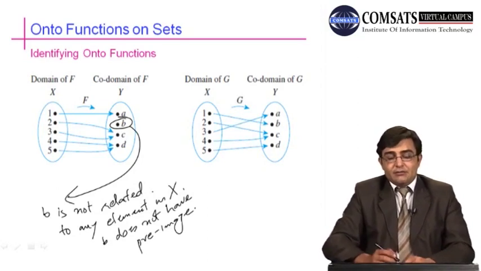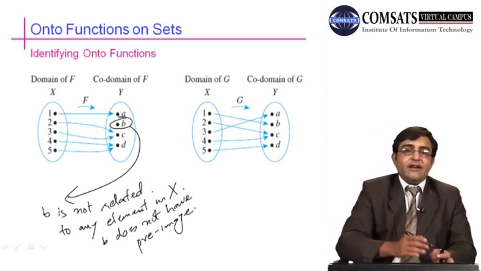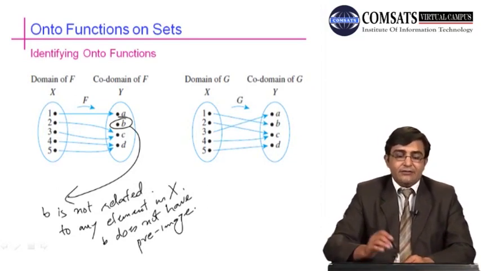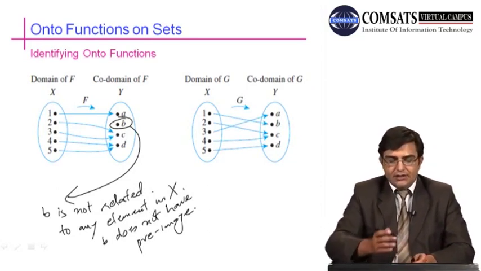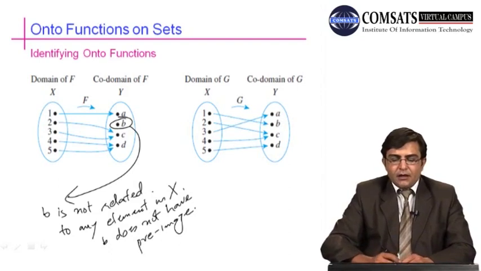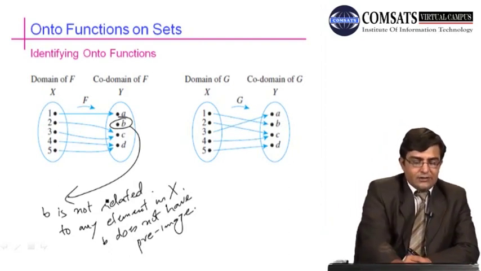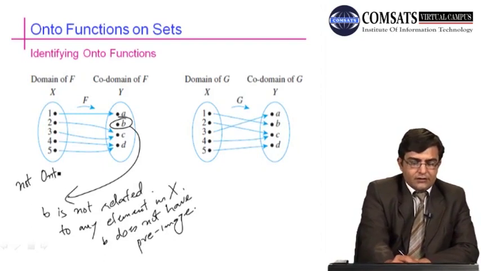There exists some element y in Y for which we cannot find any element x such that f of x is equal to that element B. So therefore this first arrow diagram is not an onto function.